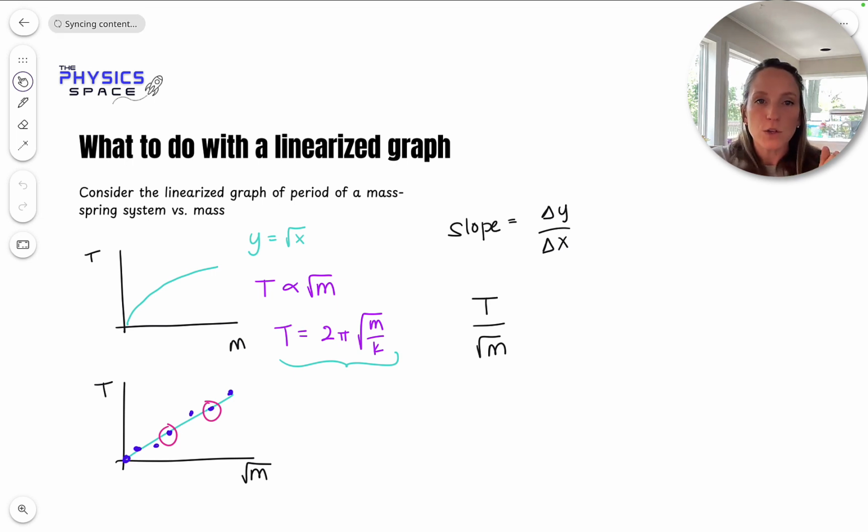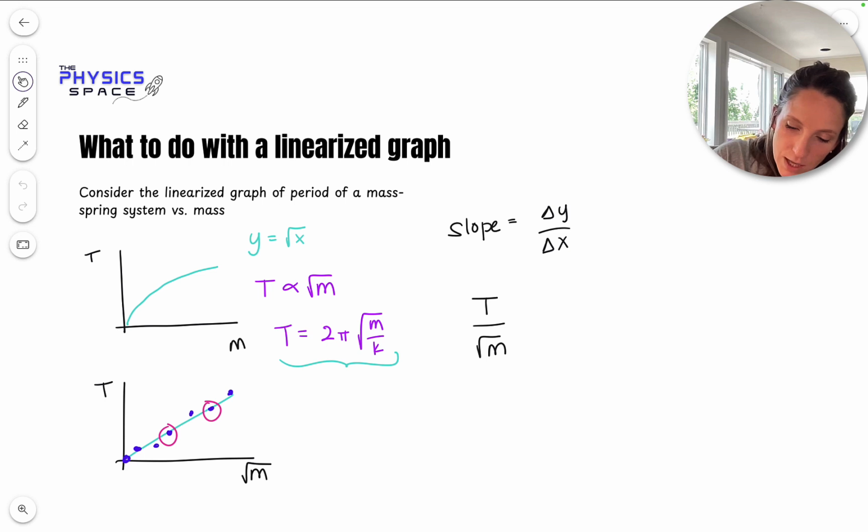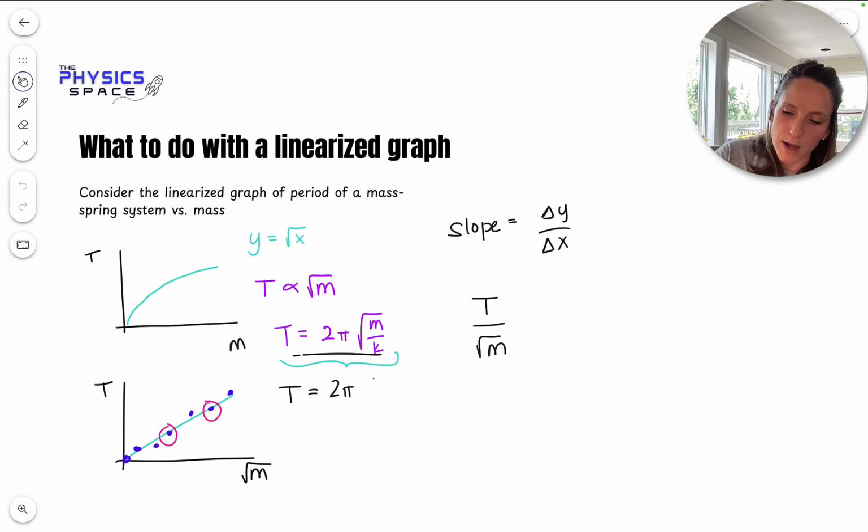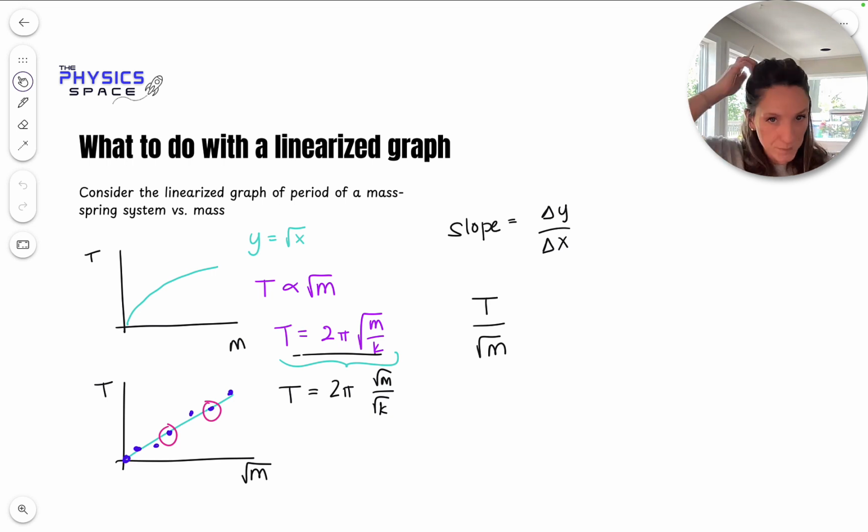I'll tell you why. If I were to take this equation here, the equation that we know, and rework it so that it's in the format where on one side we have T over the square root of m, and on the other side we have all the other stuff, here's what it's going to look like. T equals 2 pi times the square root of m over k, which is the same thing as saying the square root of m over the square root of k.